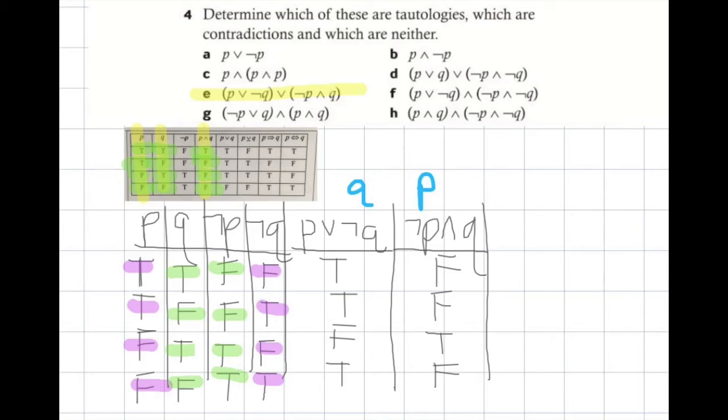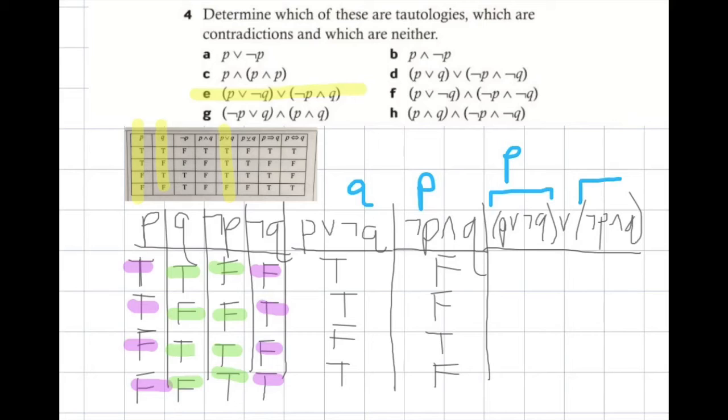Okay, then the last part of this problem is to combine them together with the OR. So P or not Q or not P and Q. Okay, so now we're looking at the OR column again, and P and Q, where this is our argument P and this is our argument Q. Okay, so we're looking at our first combination here.